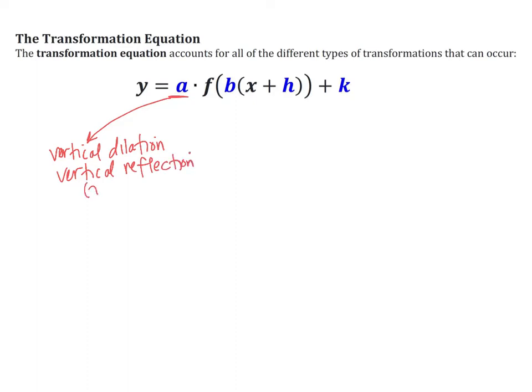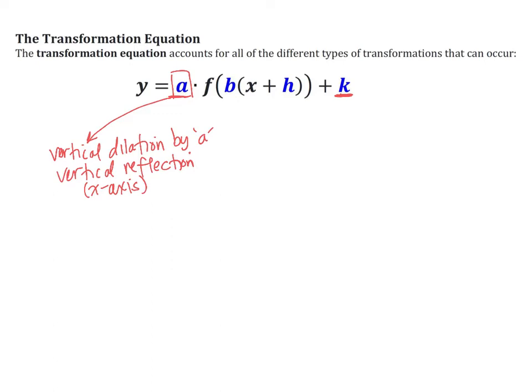And when you're doing a vertical reflection, that means you're reflecting it over the x-axis. So these values, letter A and letter K, impact the y values. So letter A is a vertical dilation, and then you need to tell us it's by a factor of whatever that number A is. So vertical dilation by a factor of A. And then if it's a negative sign, it's a reflection over the x-axis, or a vertical reflection.